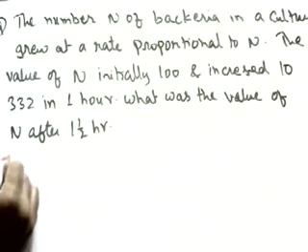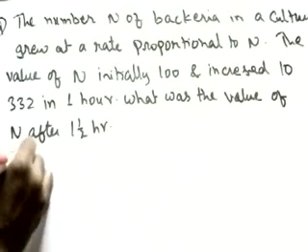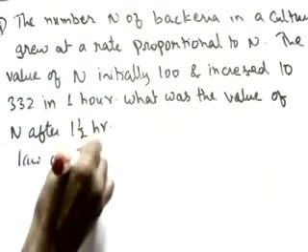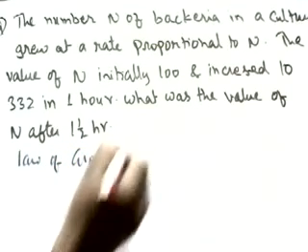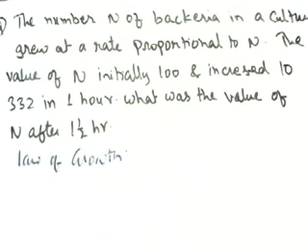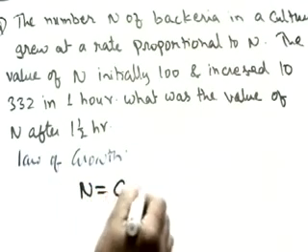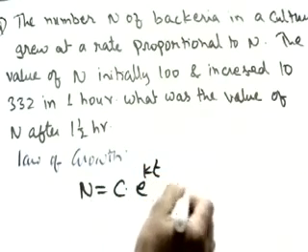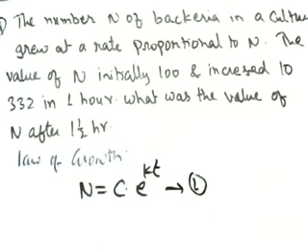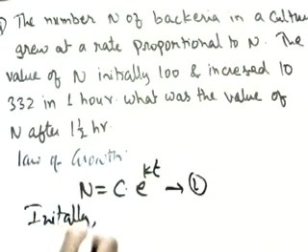Same as the questions on Newton's law. First, let us write the law of growth: N equals C into e power kt. Let me substitute the values one after another.